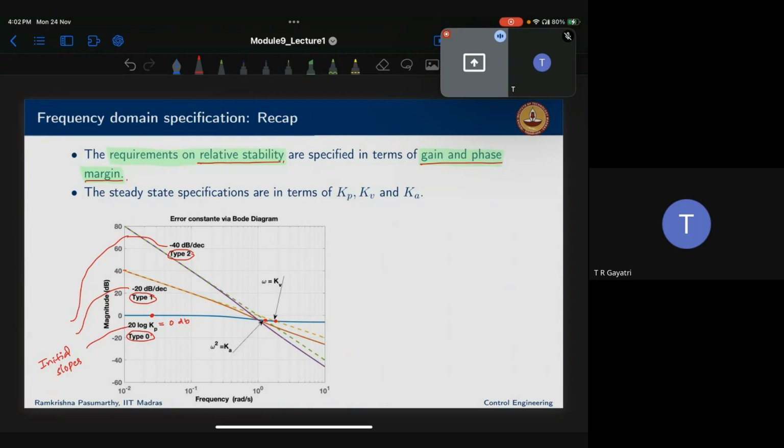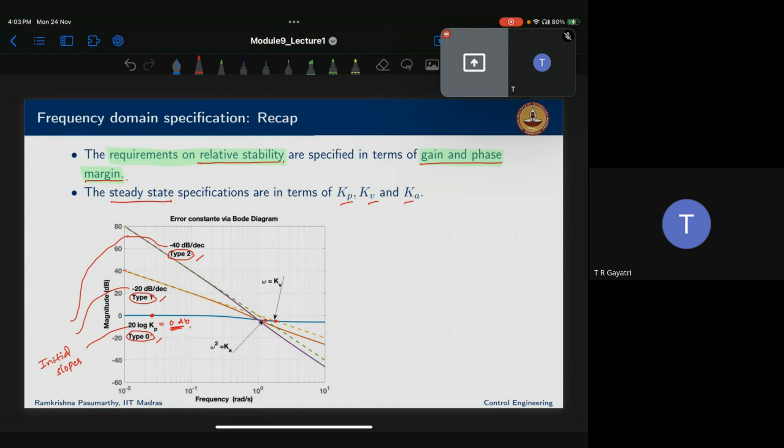As I said, steady state specifications will be in terms of these three: Kp, Kv, Ka. Here you could see this is type 0 system, type 1 system, type 2 system, and how their magnitudes are changing. For the type 0 system, your Kp is 0 dB because it's steady state.